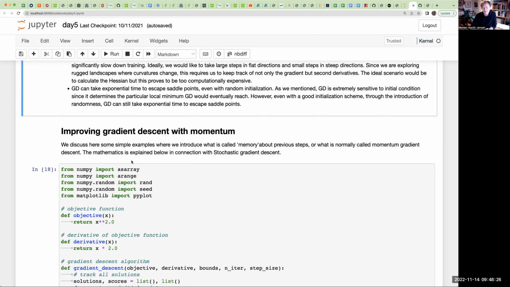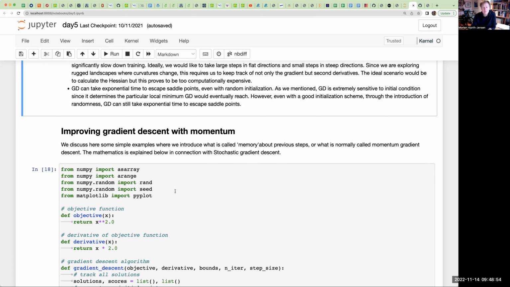And memory gradient descent or momentum gradient descent means that this is a method which keeps track of information from the previous iteration which we did. So that means that if your gradient varies strongly from one iteration to the next one, you can soften that by keeping information from the previous iteration.